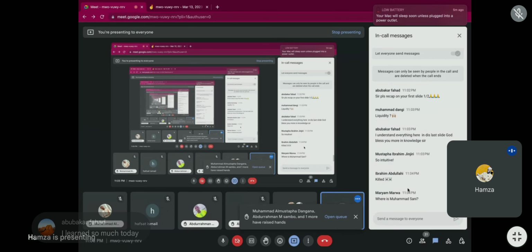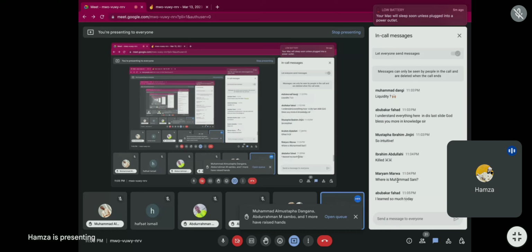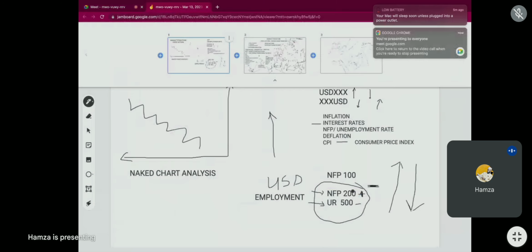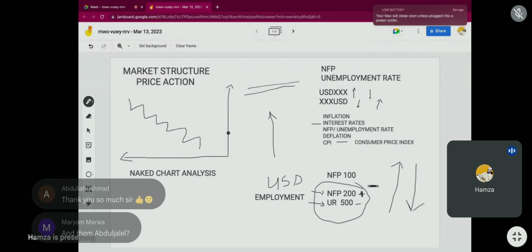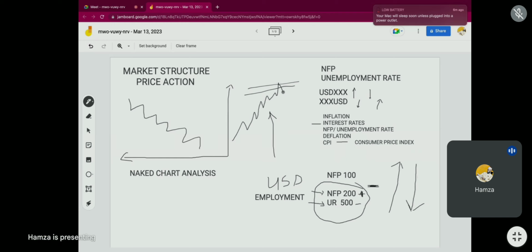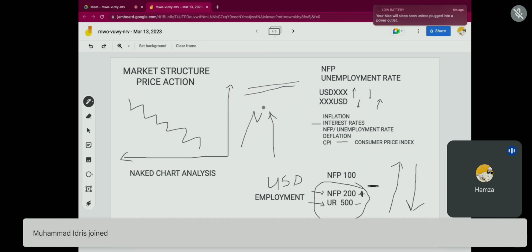So this is a breakout. Now this is the PUI. Price came, and we expect price to respect this PUI and then come down. But if price comes to this PUI, pierces through it and continues, this is a breakout.